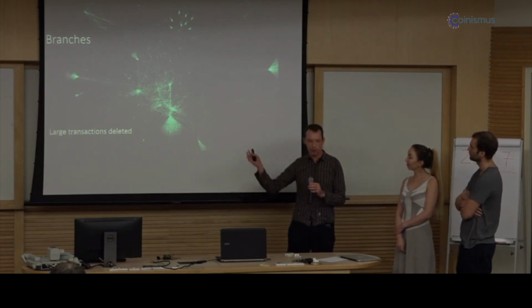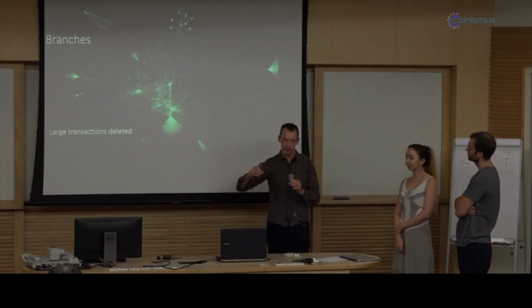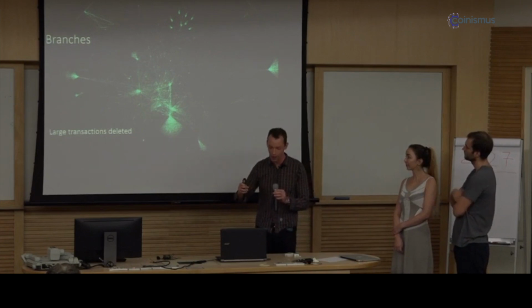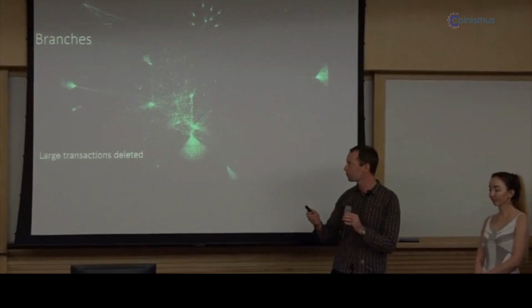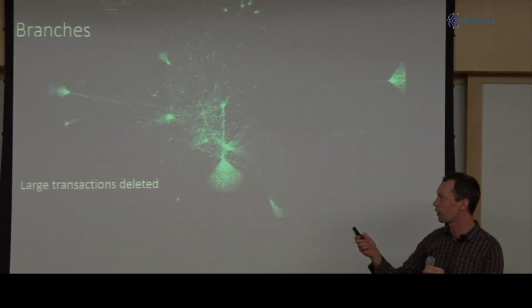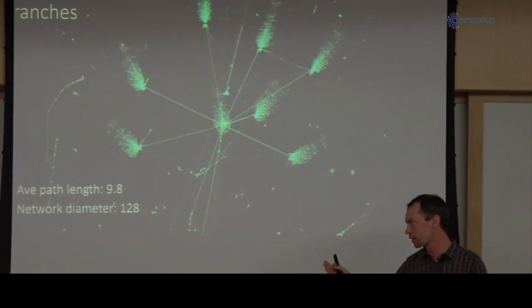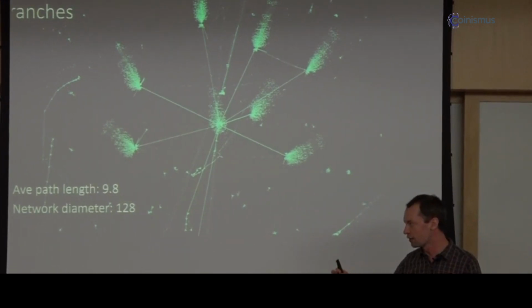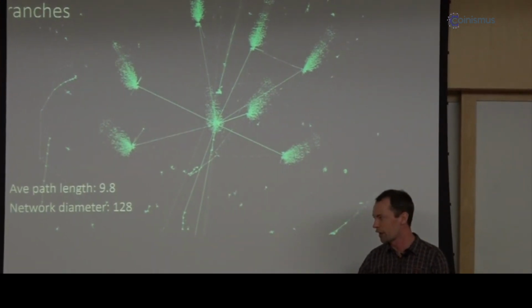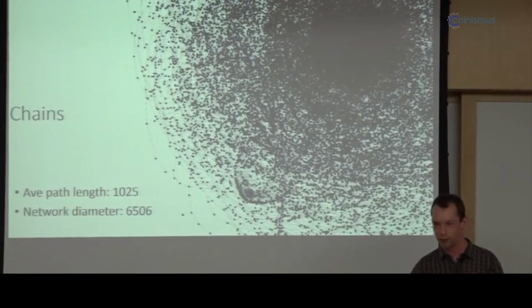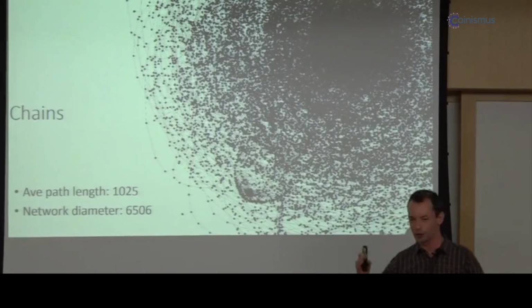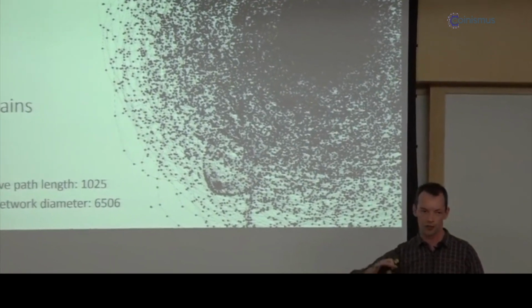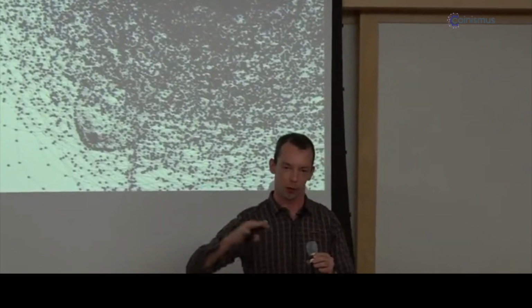In comparison, if you delete all the large transactions and look at only the small transactions, you get a totally hierarchical, centralized, tree-like network. It's a set of branches with an average path length of under 10 and a network diameter of 128. So just comparing those two, this is one interesting discovery that we don't know exactly how to interpret, but what we're seeing is that Bitcoin is almost two separate networks layered on top of one another.